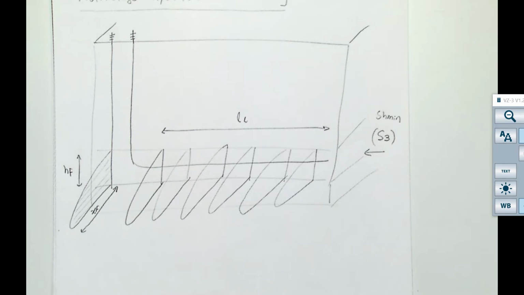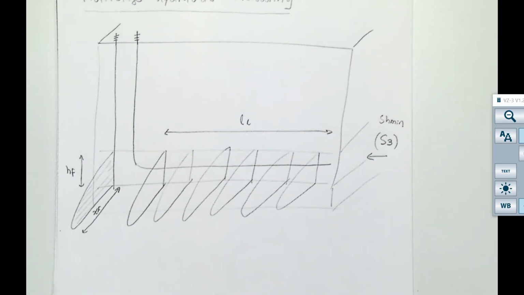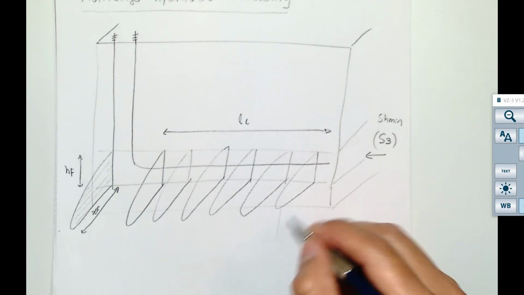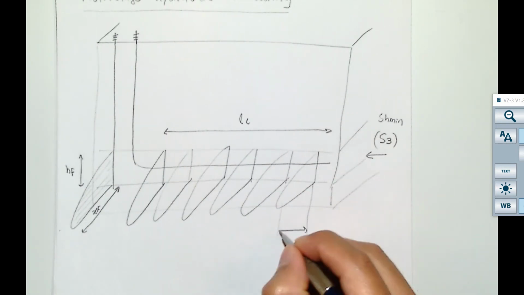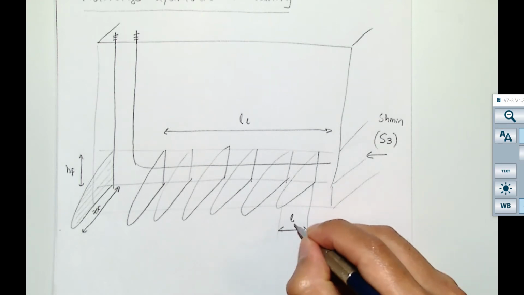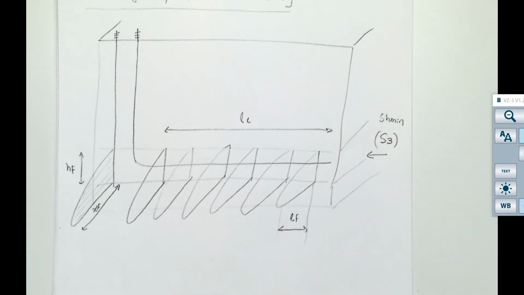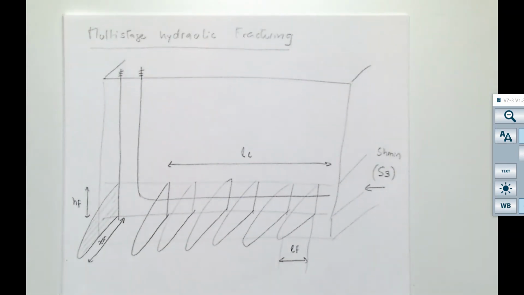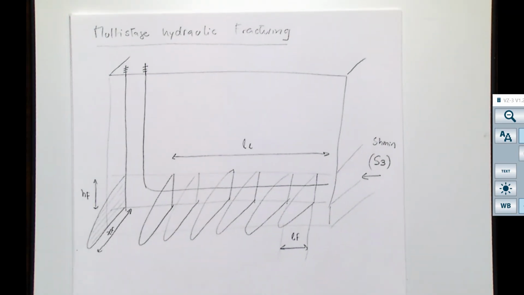And what else do you have to design in here? Let's say that we already have the fracture height, we already have the fracture length, and you're going to have to decide also what is the distance between fractures. Let me put a disclaimer right now about this and about what we said before.